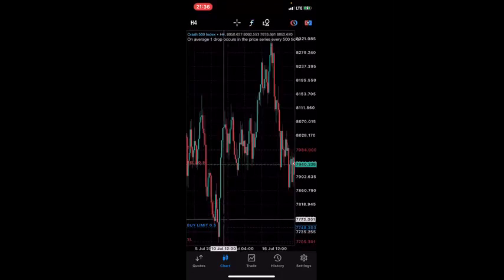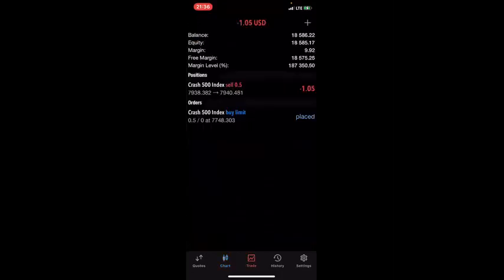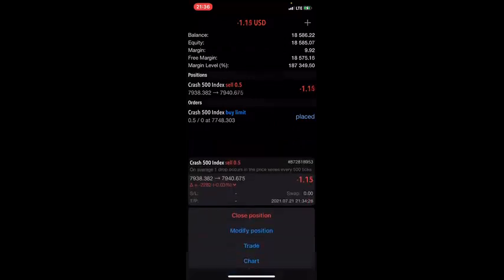Okay. So I already have, how do you call it, is it a sell stop? No, a sell or a buy limit. I already have a buy limit on the same page, so I don't know if I can modify this one.